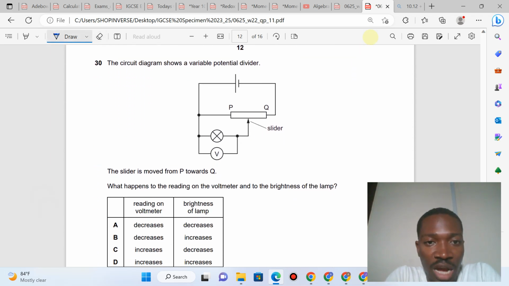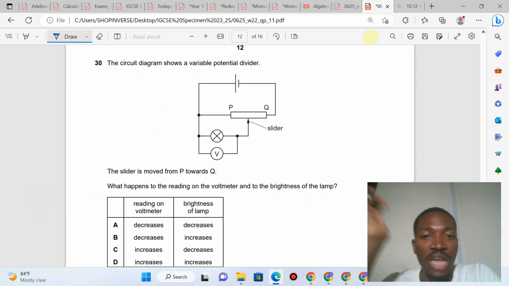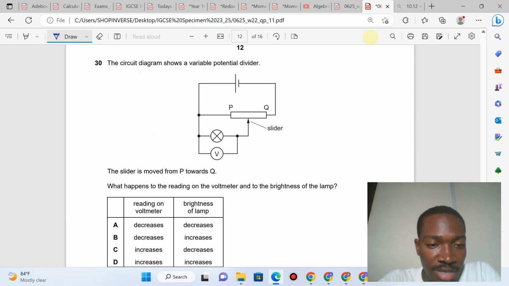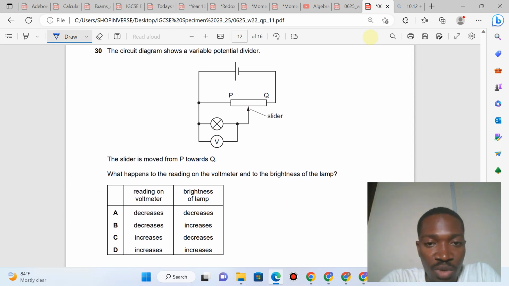The circuit diagram shows a variable potential divider. The slider is moving from P towards Q. What happens to the reading on the voltmeter and the brightness of the lamp?